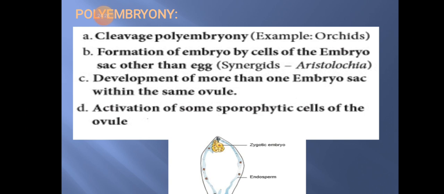Then the third one, development of more than one embryo sac, meaning multiple embryo sacs are formed, and each and every embryo sac is producing a new plant. Then the fourth one is activation of some more sporophytic cells of the ovule, like the second one. Here a diagram is also given.